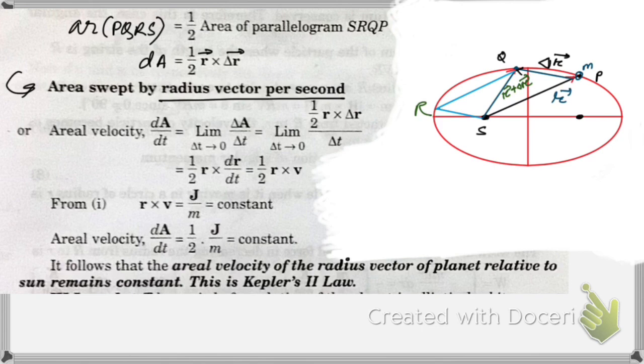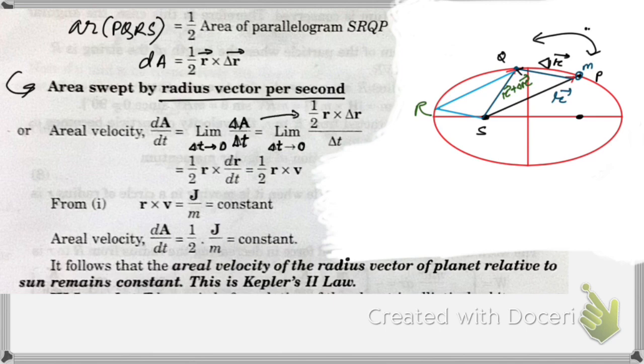That can be given by the limit of del A by del t as del t tends to 0. That means we have considered that P and Q are very close to each other, so this is a very small area. In a very small time, the area swept by the radius vector will be very small.